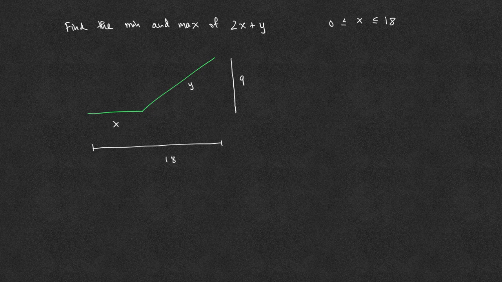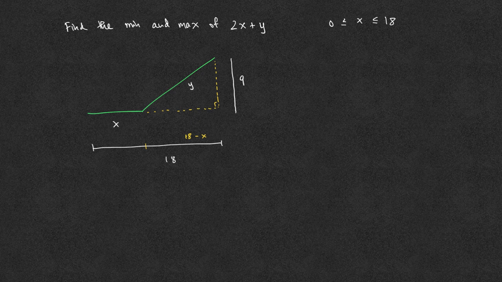If this horizontal length is 18 and the length of the first segment is x, what remains is 18 minus x. To find the relationship between y and x, we observe that there is an invisible or imaginary right triangle that can be formed with the hypotenuse y.